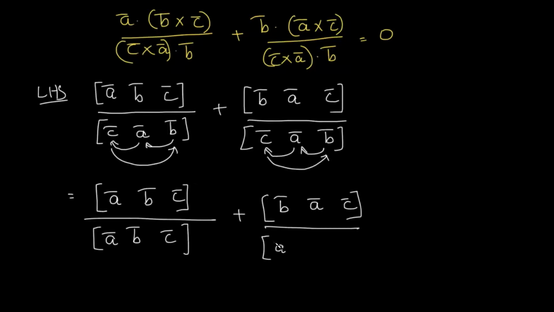Again down we get A, B, C. Now to make this as ABC, we have to bring A here and take B over here. Now when we just interchange two of these vectors, the sign of the scalar triple product changes. So the plus sign becomes minus sign in the next step.